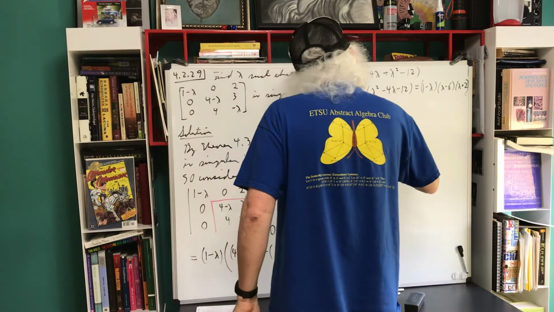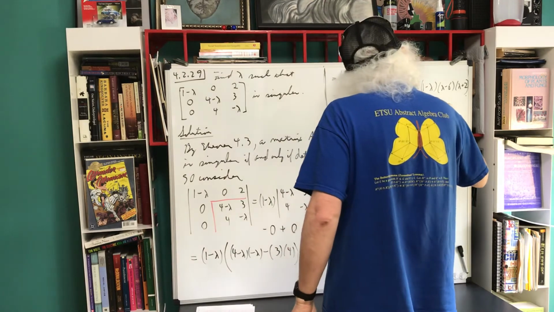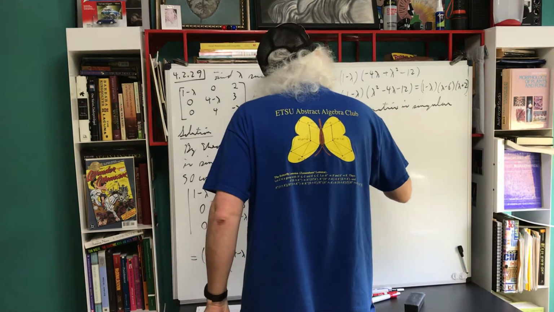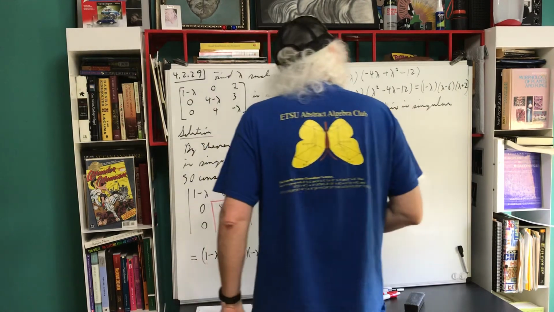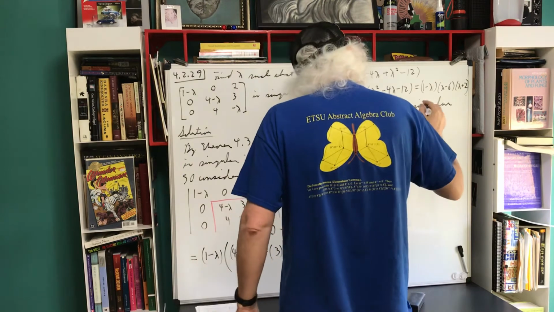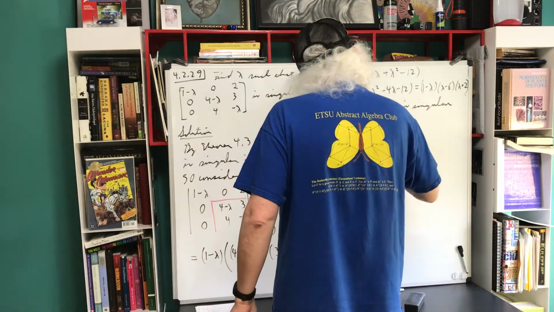Okay, so the matrix is singular when its determinant, and we've got its determinant in terms of lambda here, its determinant 1 minus lambda. So let me write this in a slightly different order.